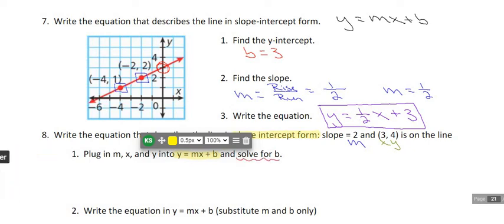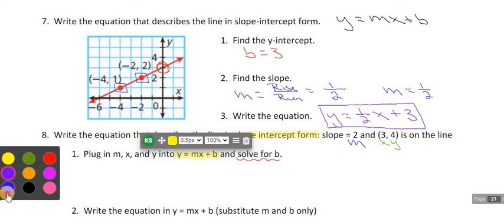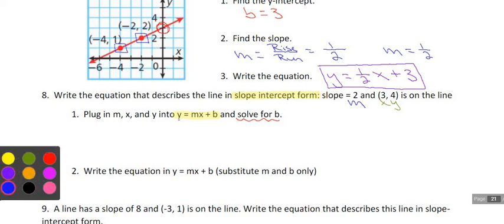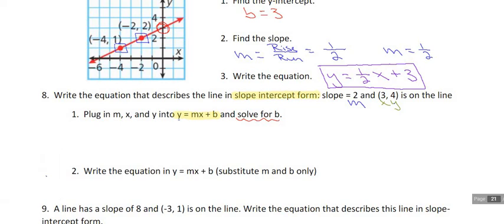So let's take a look here. So we have y is 4. Let's use a different color. So y is 4 equals m is 2. Okay, so 2.